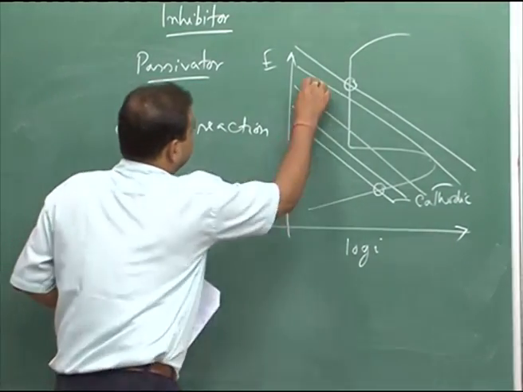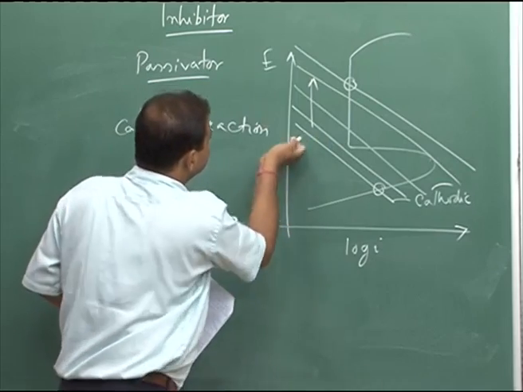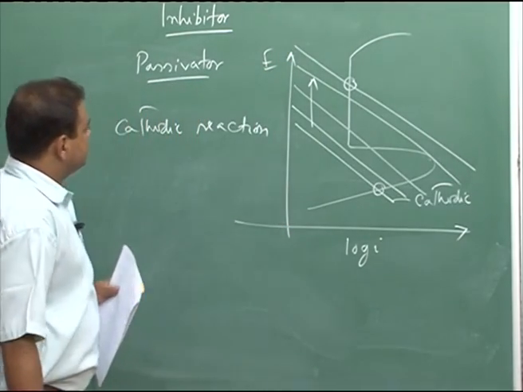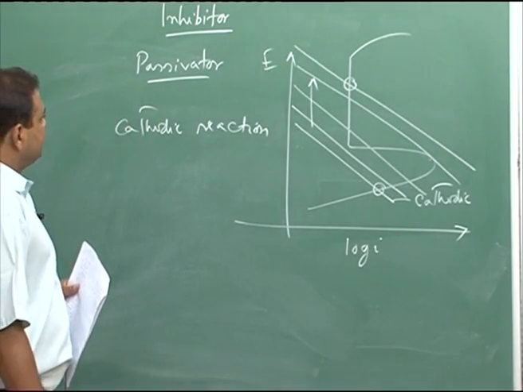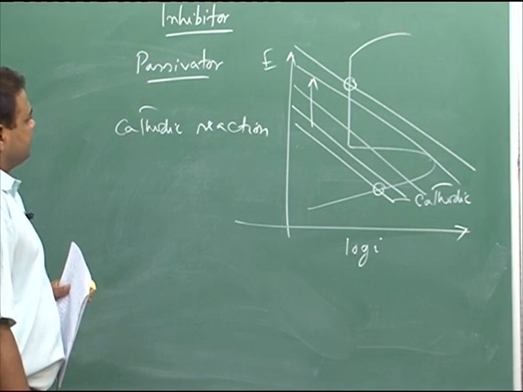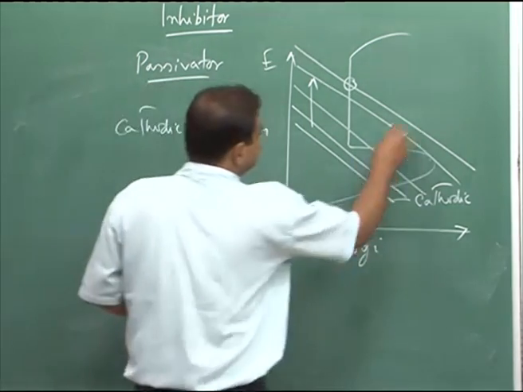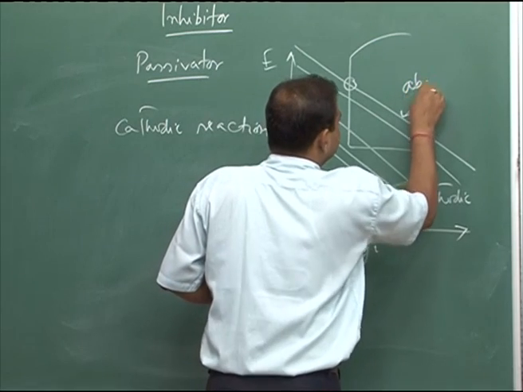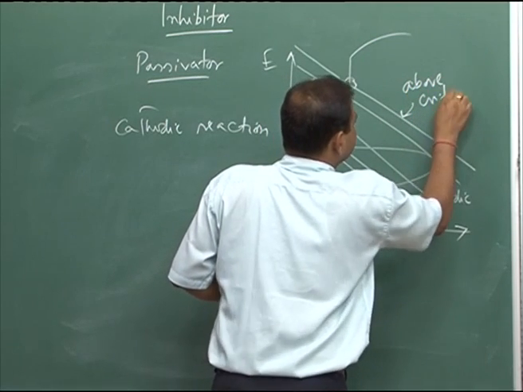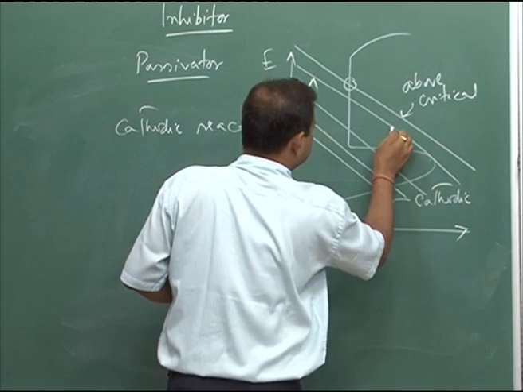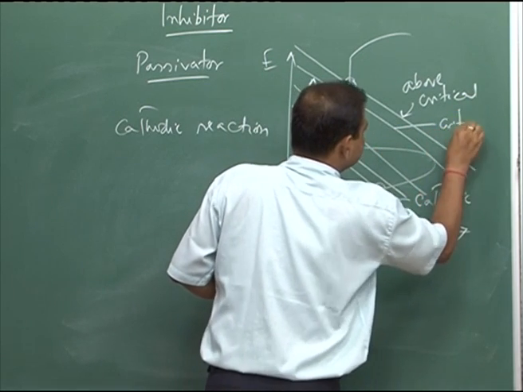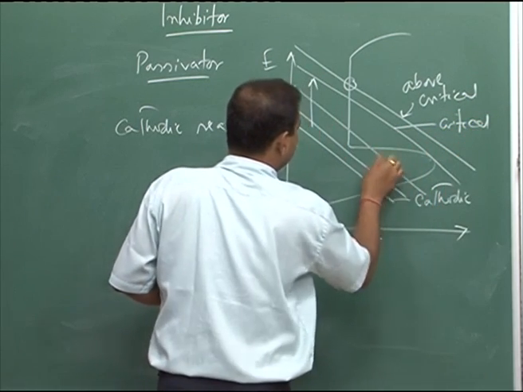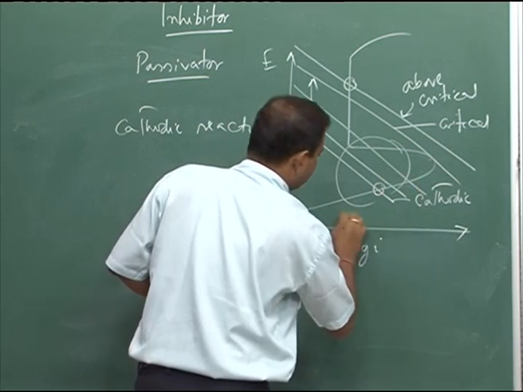So, actually the inhibitor moves this electrode equilibrium potential towards the positive side or noble side, and that means this is above critical, and this is critical, and these three are below critical.